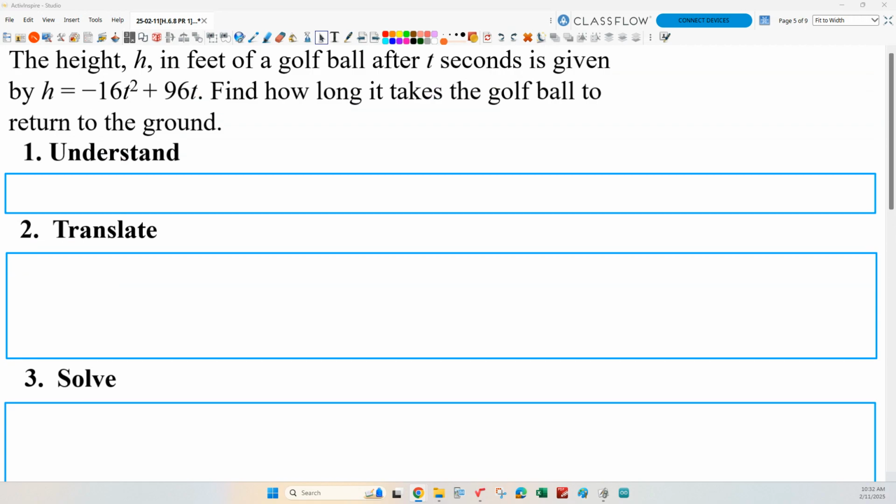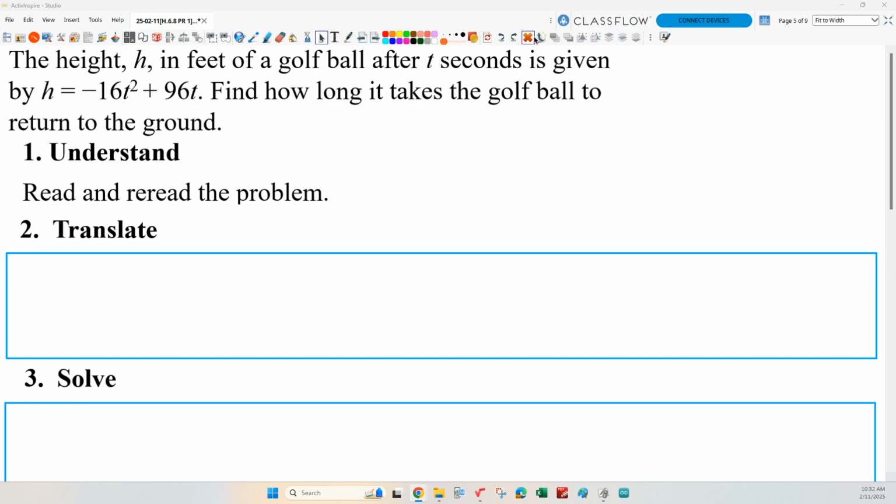So first of all, understand this. What can we say about this problem? How long does it take the golf ball to return to the ground? What are we really looking for in this case? How do we know when it ends? Okay, when the height is 0. Good. So first thing, we're going to read and reread the problem, and we want to figure out when h is equal to 0, right?